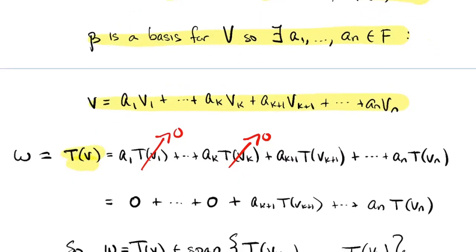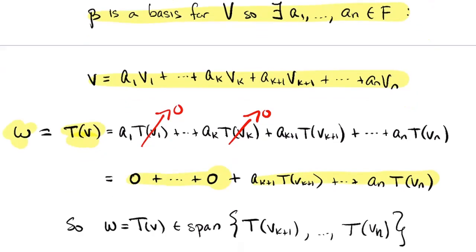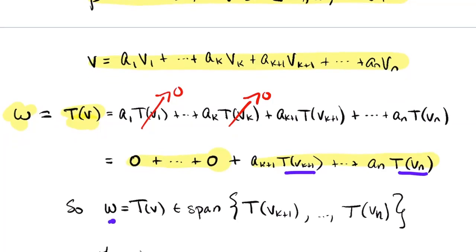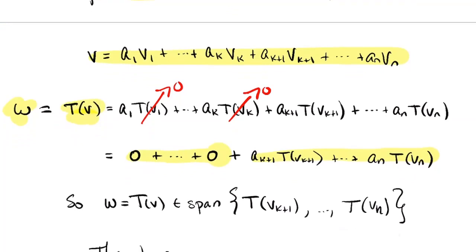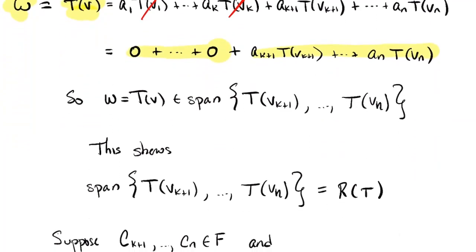So that's all I'm writing here: I've got a bunch of zeros plus the rest of this stuff. So w, an arbitrary element of our range, is actually a linear combination of T of just the back half of the basis. So that shows that w, which was T of v, is in the span of that back half of the basis. We already said that span was a subset of the range, so they're equal.